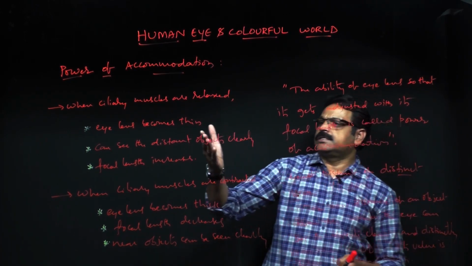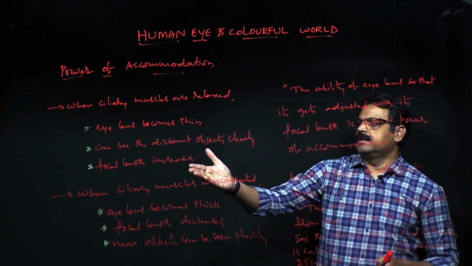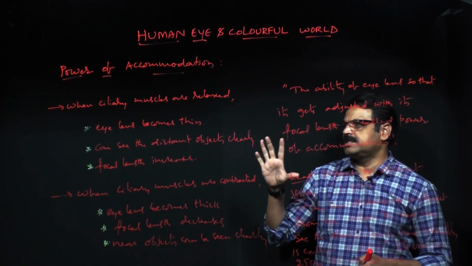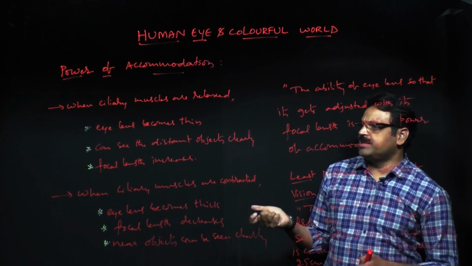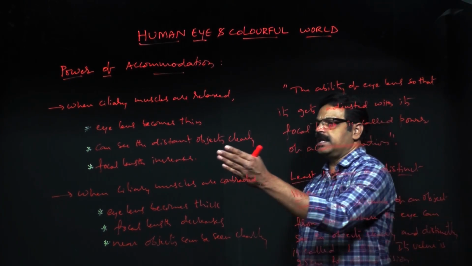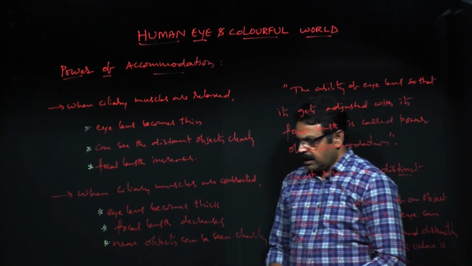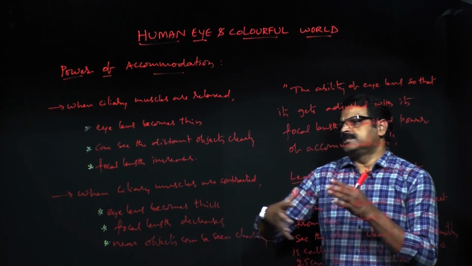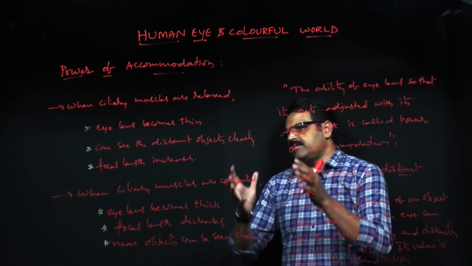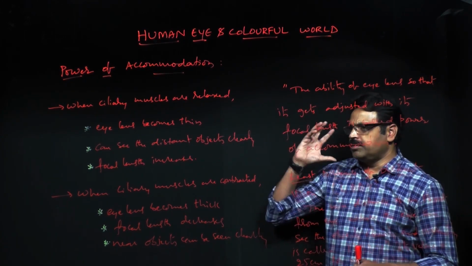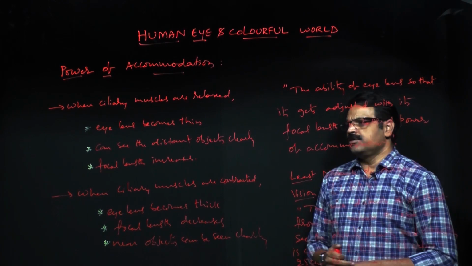When ciliary muscles are relaxed, the eye lens becomes thin, then the focal length increases so that distant objects can be easily seen. So ciliary muscles adjust the curvature of the eye lens depending upon where the eye is focusing.